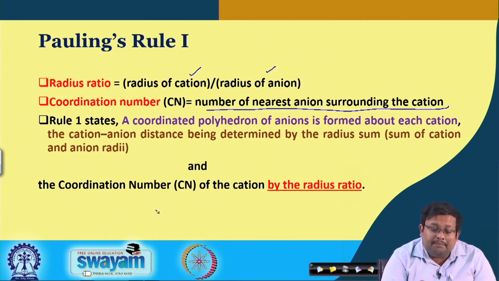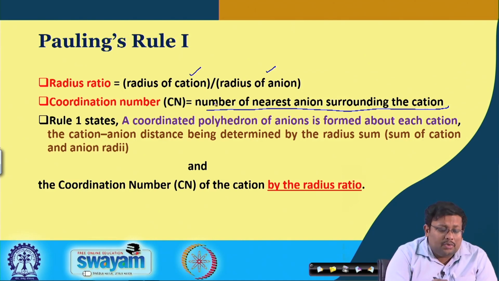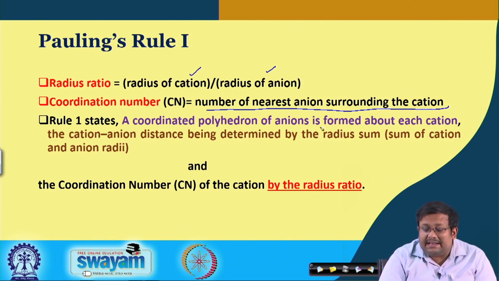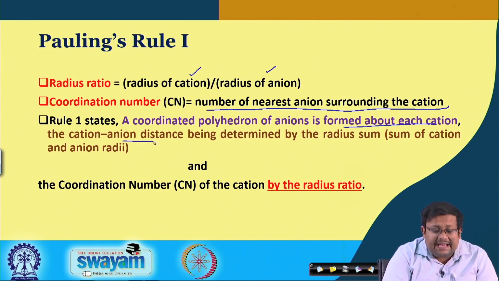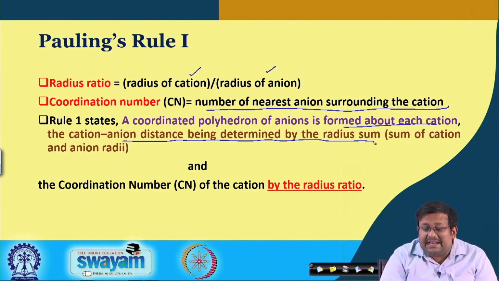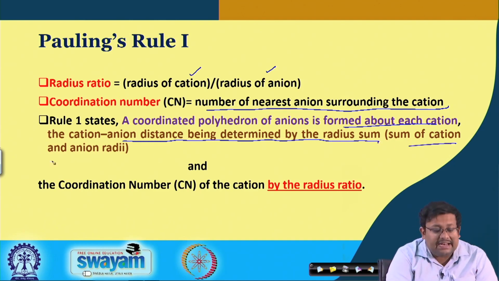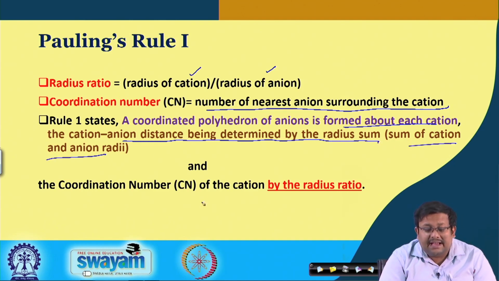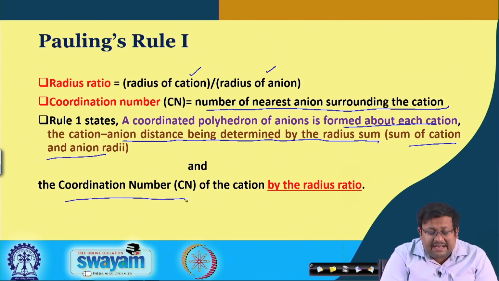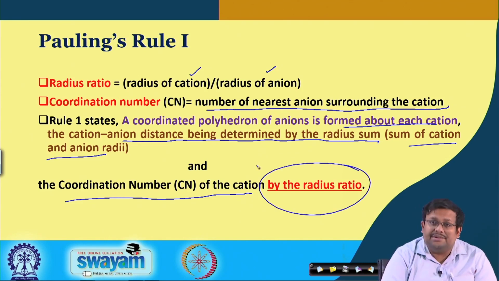These two are very important factors while discussing Pauling's rule number 1. So, what does rule 1 say? Rule 1 states that a coordinated polyhedron of anions is formed about each cation, the cation-anion distance is determined by the radius sum, which is the sum of the cation and anion radii, and the coordination number of the cation is governed by the radius ratio.